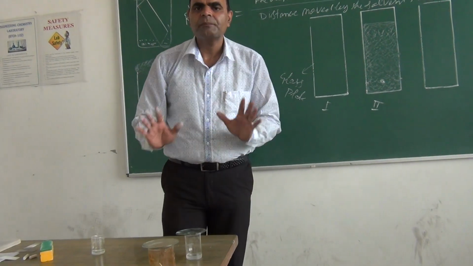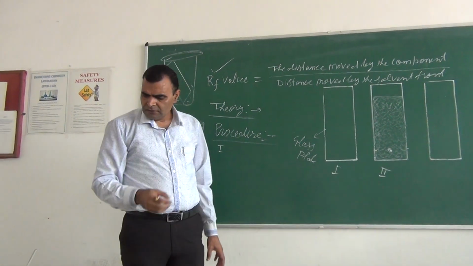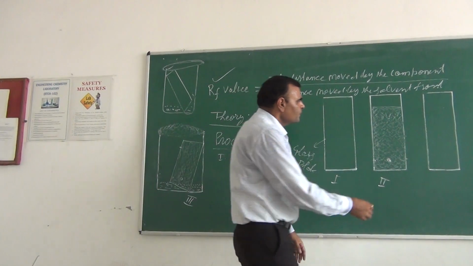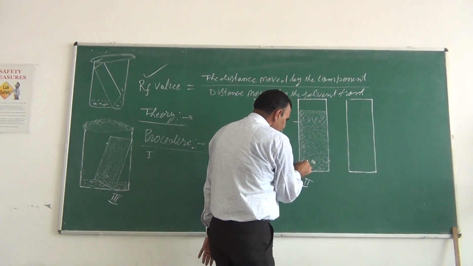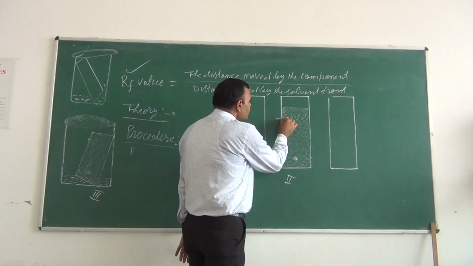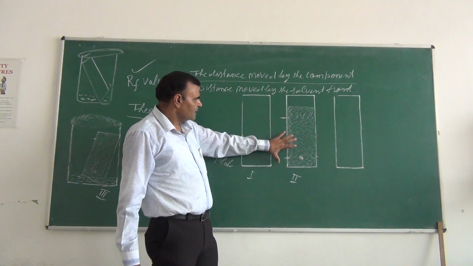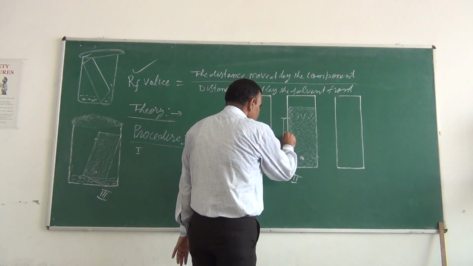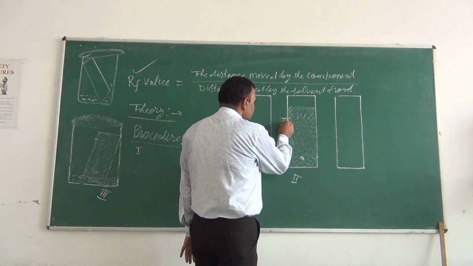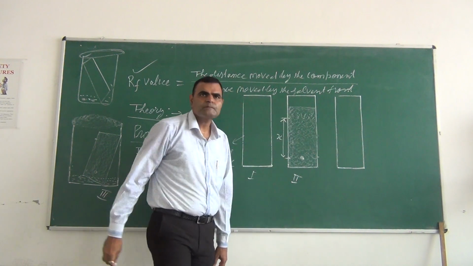This is called the development of the chromatogram. Suppose this is the initial point, and this is the point up to which the solvent has risen. Let this distance be x centimeter.